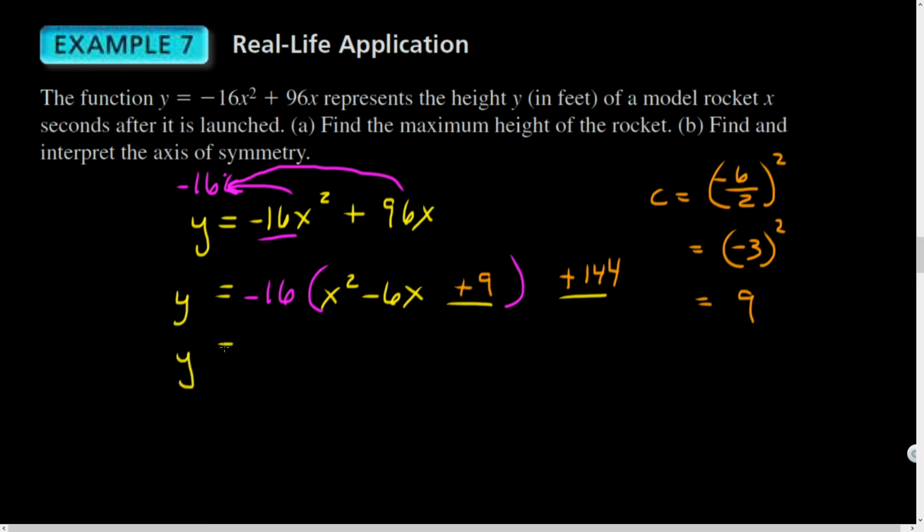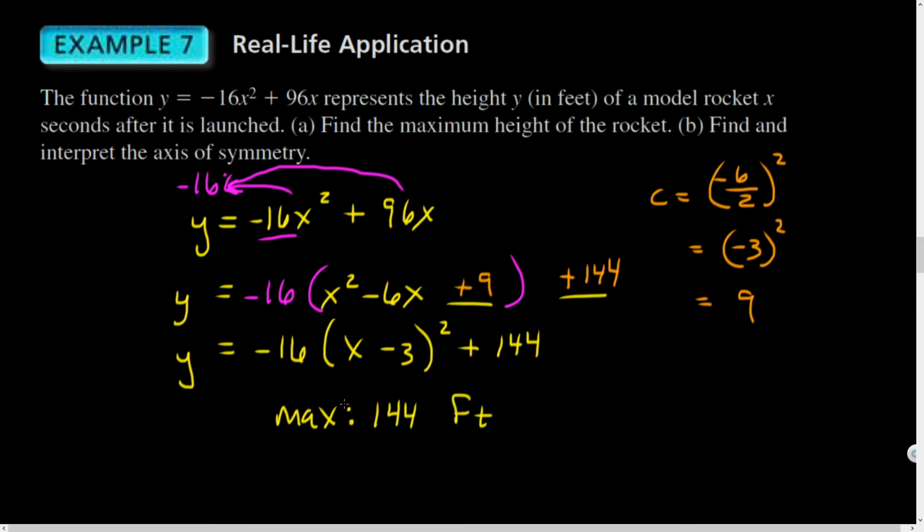So I've got y equals -16 times (x minus 3) all squared plus 144. And so you can see the a value, it opens down, h is +3, k is 144. The maximum height is 144 feet.